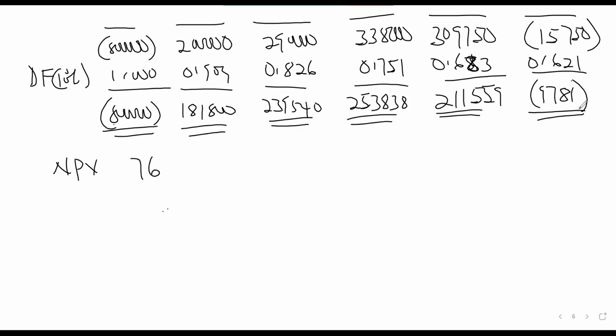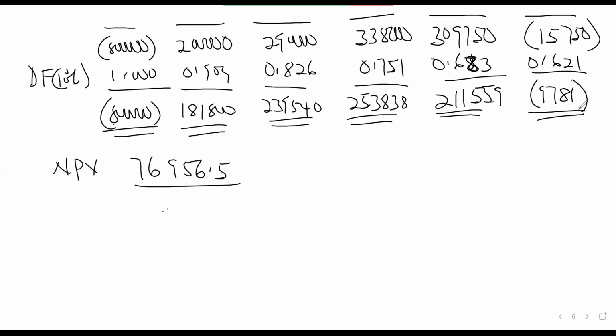So now they are asking us to find the IRR. You can see that we use 10% and we have gotten 76,956. So what rate are we going to be using?